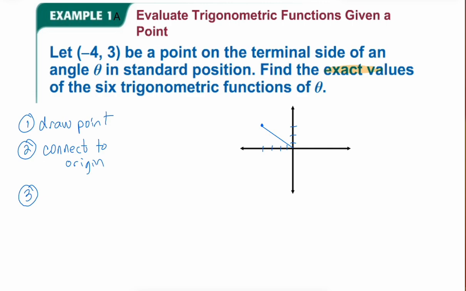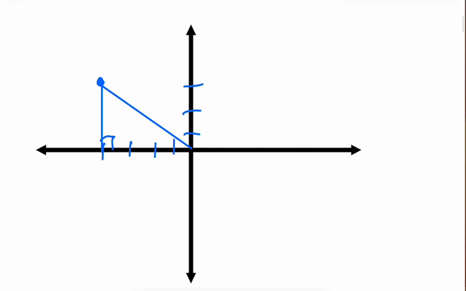Third step is we are going to connect the point to the x-axis, drawing a connection to the x-axis, and we're going to put our little 90-degree mark. The fourth thing we're going to do is label our theta. Now, theta is always the angle in relationship to the origin.